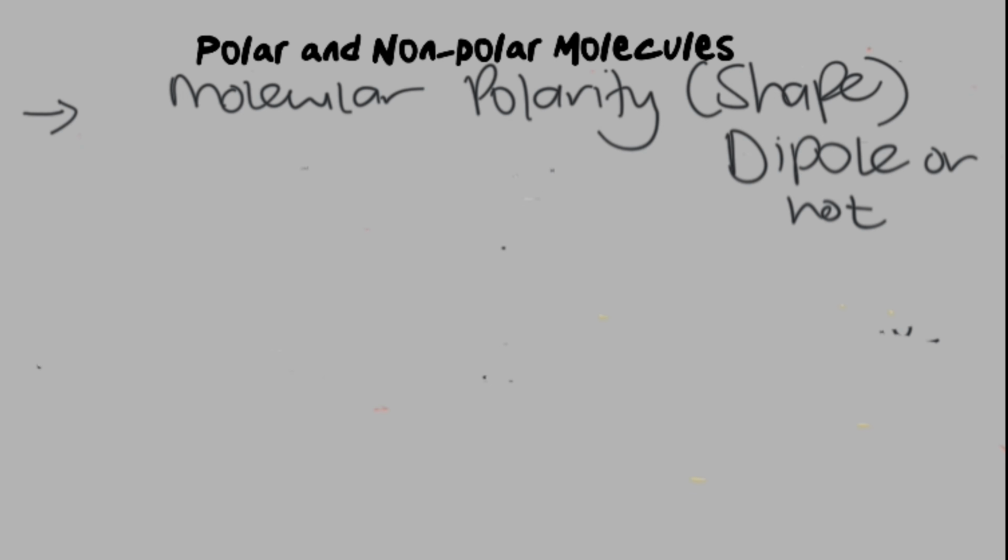So when you are explaining, the first thing you're going to look at is you can explain the bond polarity using the electronegativity difference. You will also have to explain this answer.